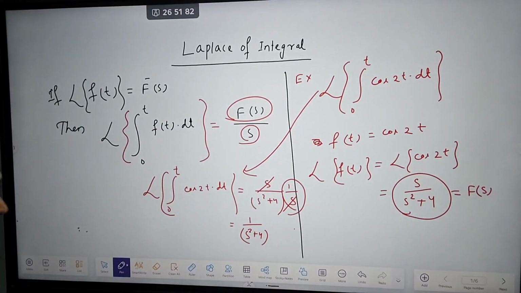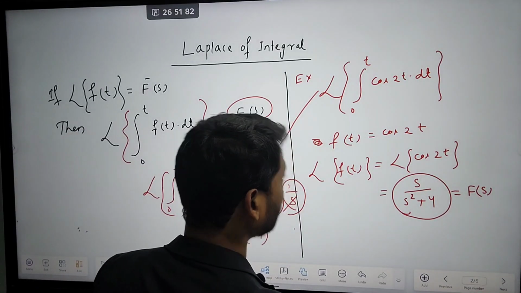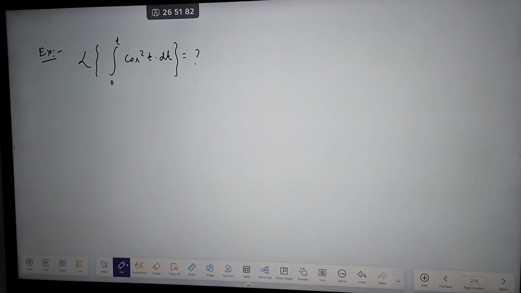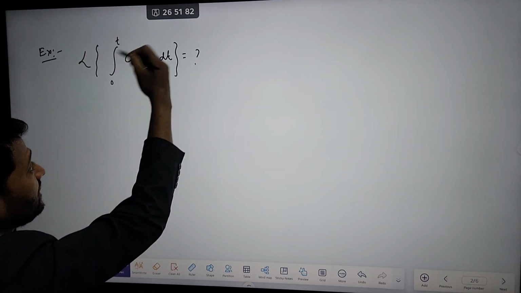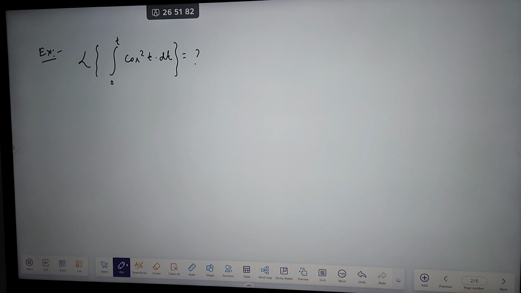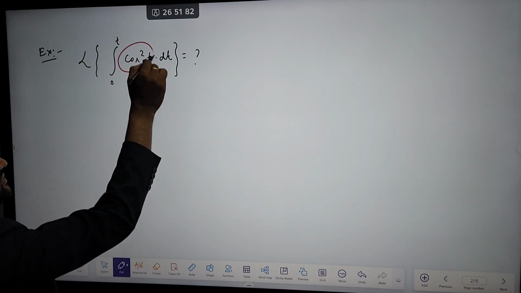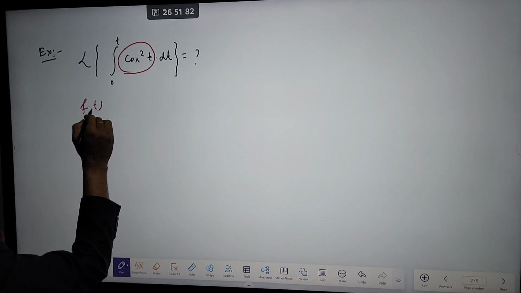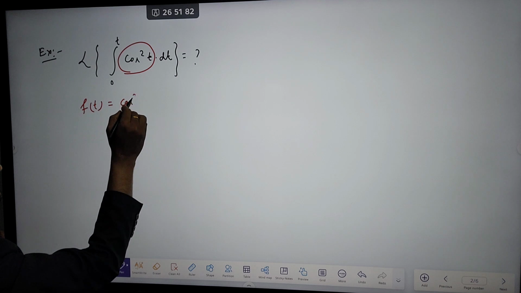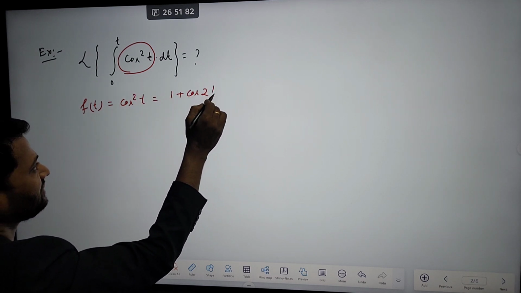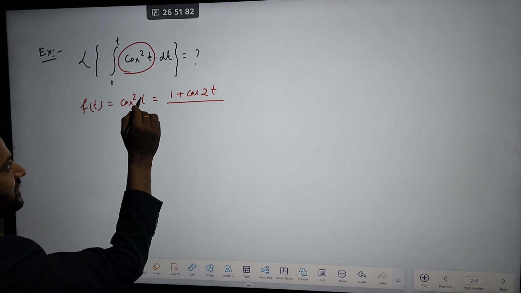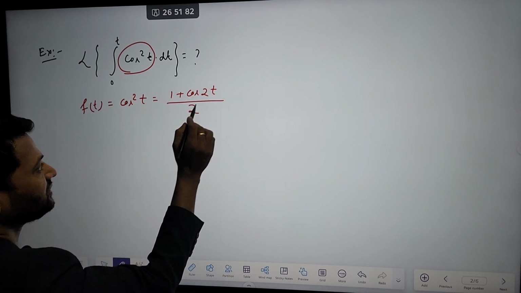Okay? So coming to the next question, we will find the Laplace of the integration from 0 to t of cos square t dt. See, our function f of t is cos square t. You know cos square theta is (1 plus cos 2 theta) by 2. So here cos square t is (1 plus cos 2t) by 2.